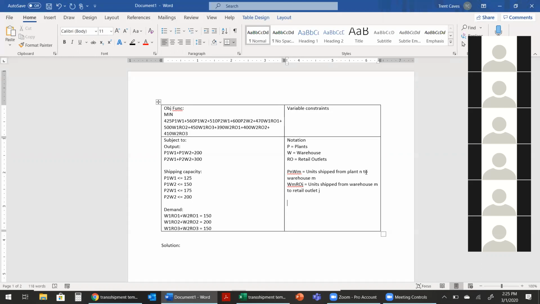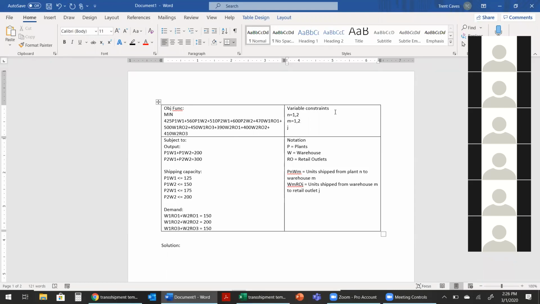And then, so N is, actually, that's going to be our variable constraints. N is 1 or 2. M is 1 or 2.